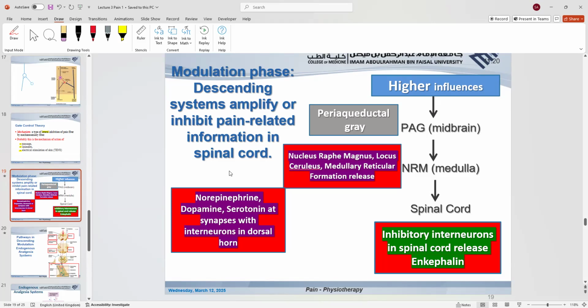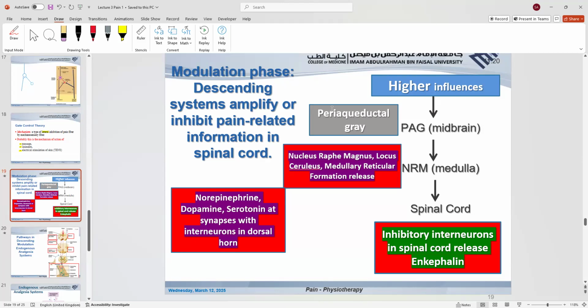These areas, when they are stimulated, use certain neurotransmitters such as norepinephrine, dopamine, serotonin. So they release these neurotransmitters. And ultimately, they stimulate certain inhibitory interneurons in the spinal cord.